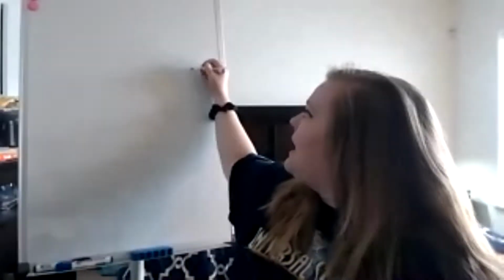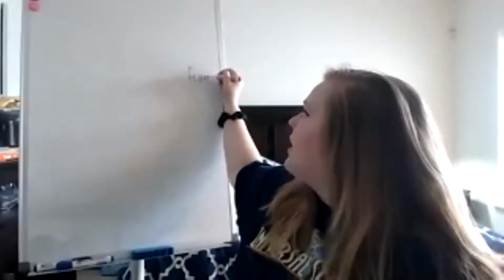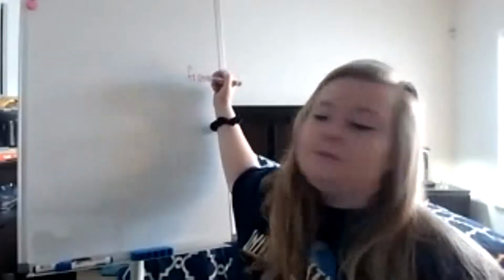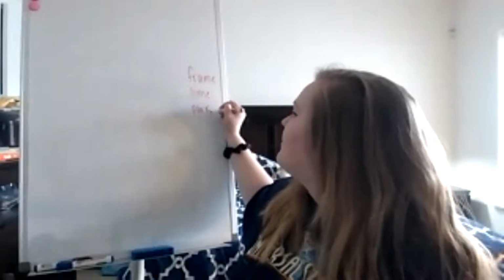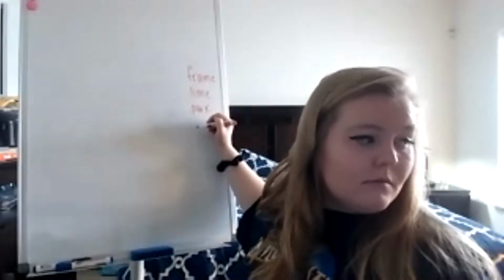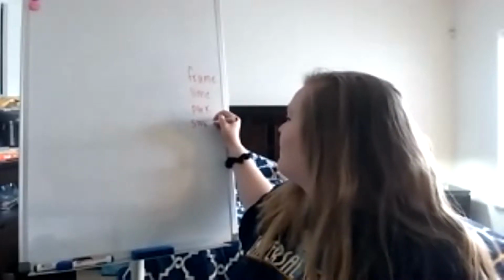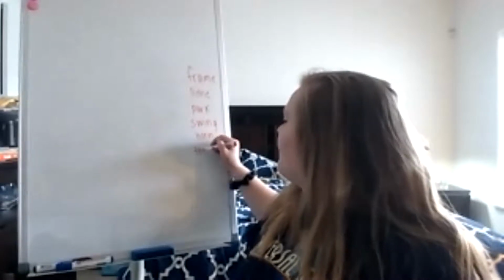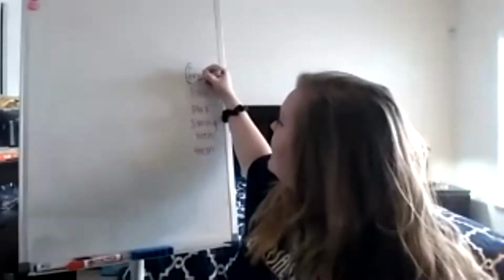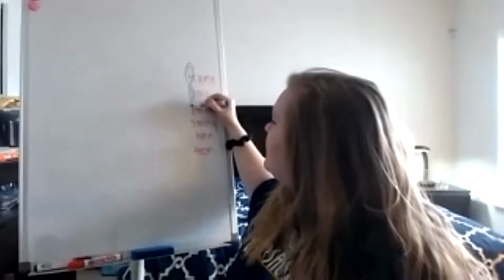The words that you're being asked to put in alphabetical order are frame, lime, park, swing, horn, them. So just like normal, when we are putting words into alphabetical order, we circle the first letter because that's the one we're focused on.